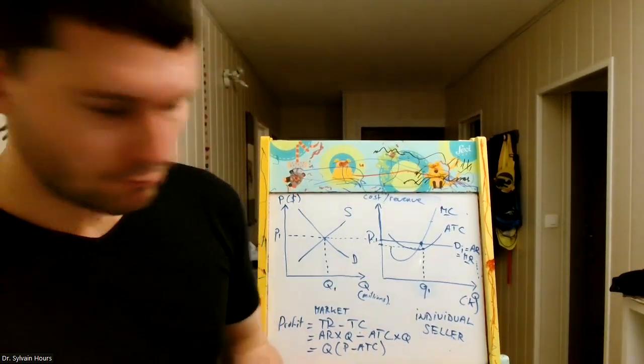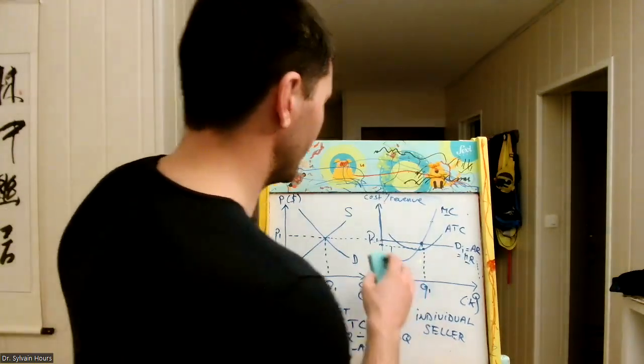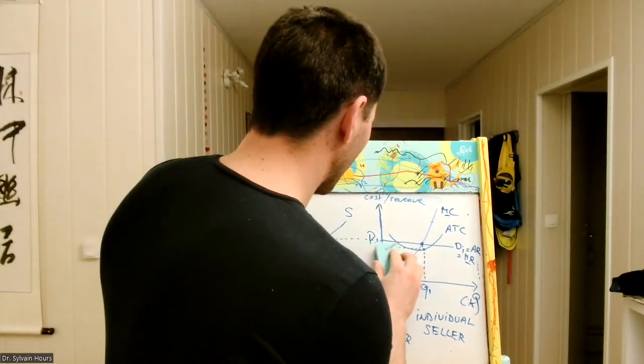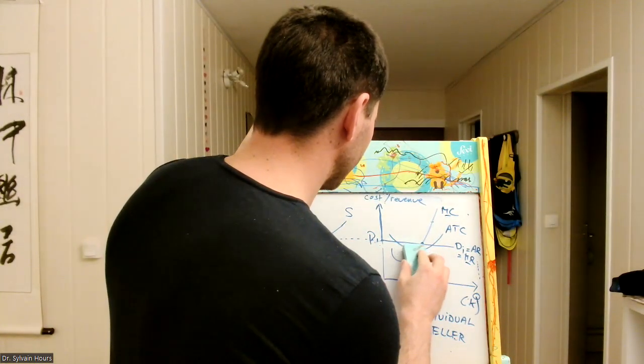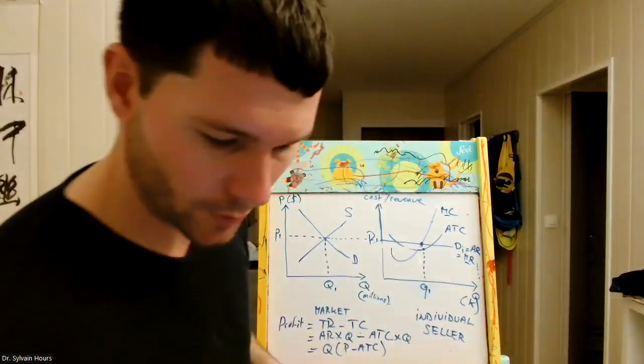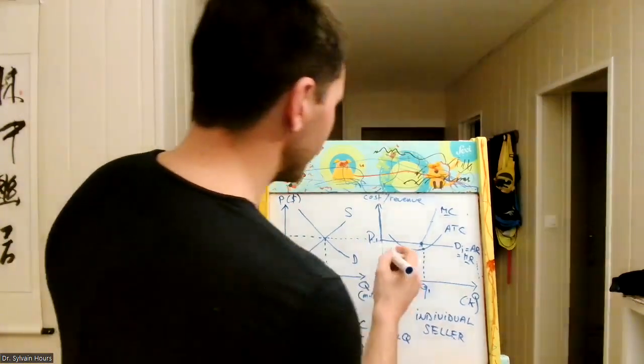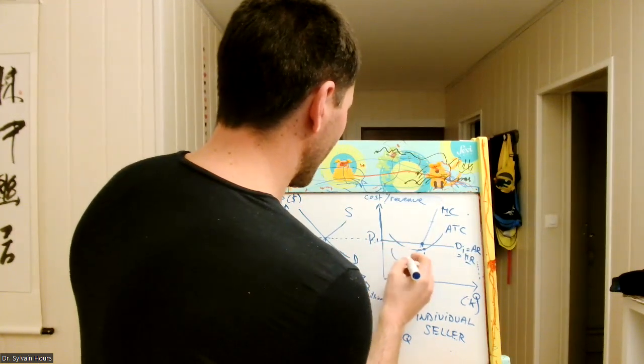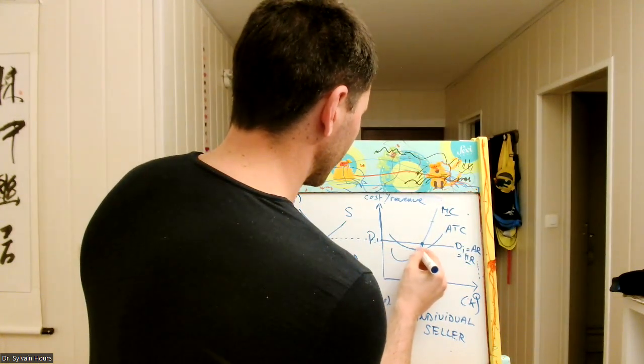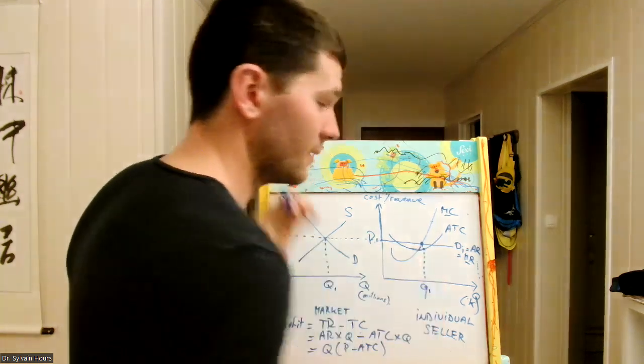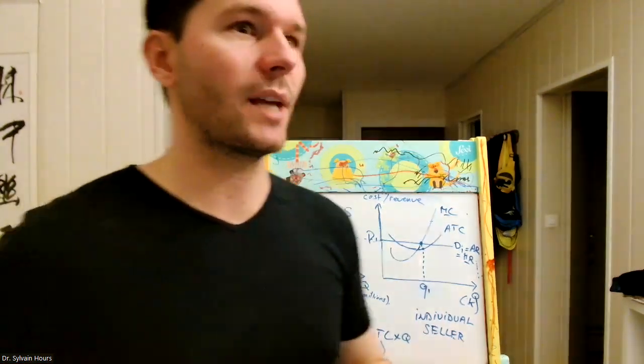Basically, there is a single difference between the short run and the long run in perfect competition. In the short run, there is a fixed number of firms in the market. What it means is that basically firms don't have the time to enter or exit the market.